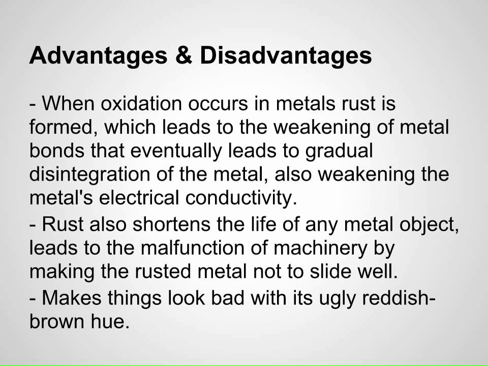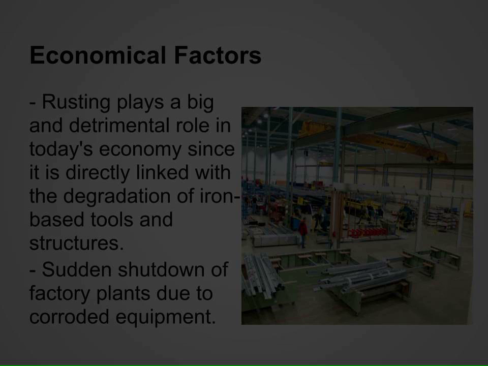Rust also shortens the life of any metal objects and leads to the malfunction of machinery by making the rusted metal not slide well, and definitely makes things look bad with its ugly reddish-brown hue.